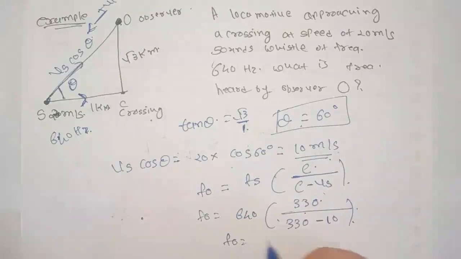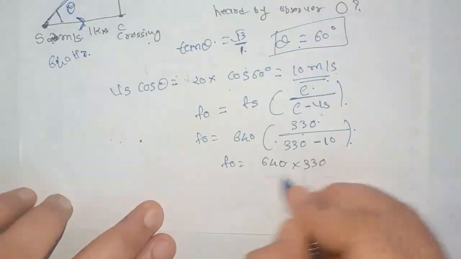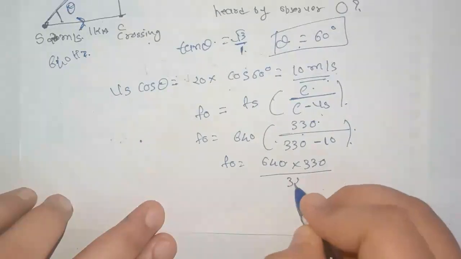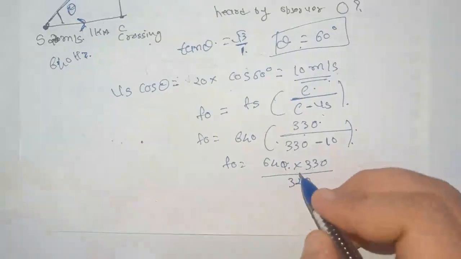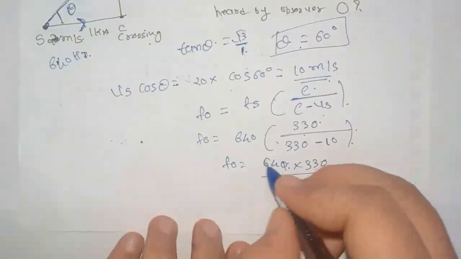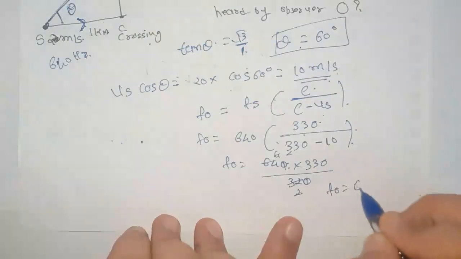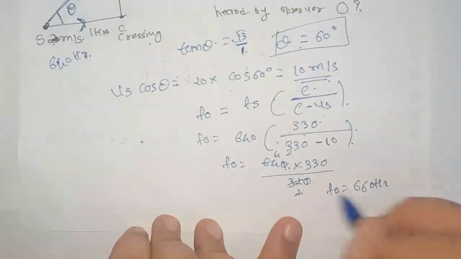So Fo will be 640 into 330 divided by 320. So Fo will be 660 Hertz.